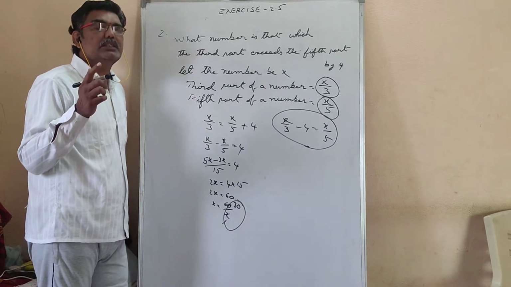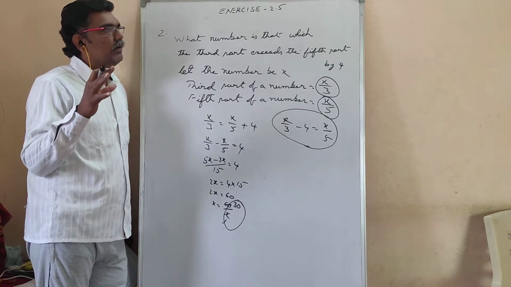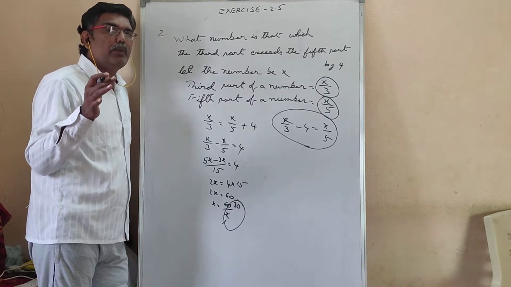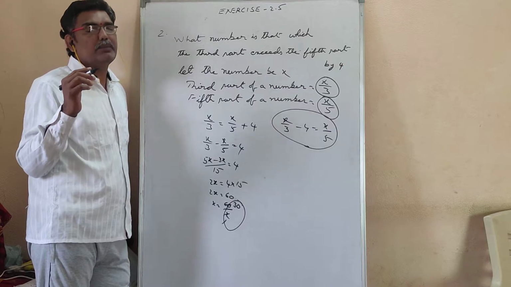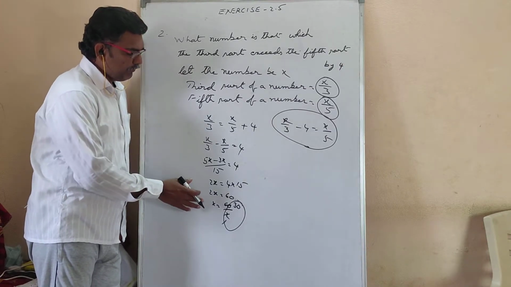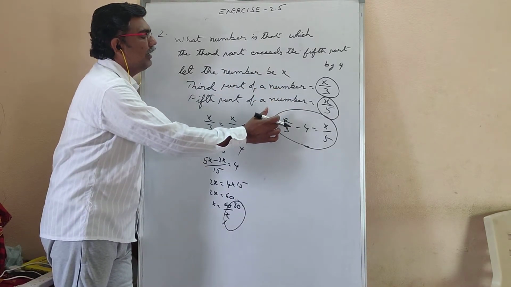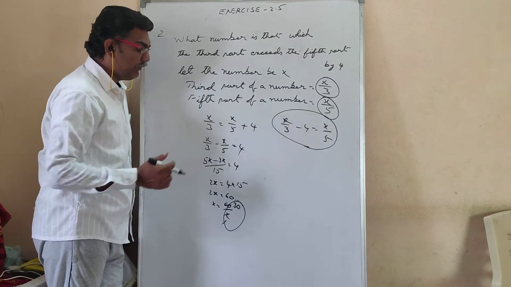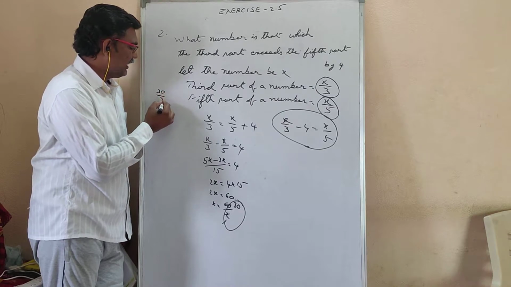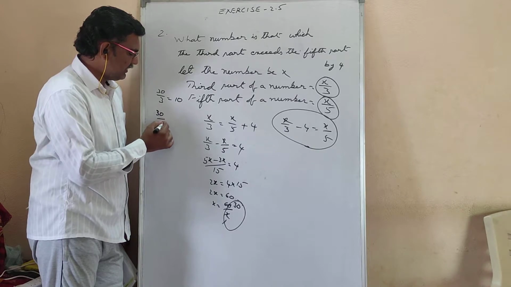You can check. See, in mathematics only you can decide whether the problem is correct or not during the writing of the examination. In the remaining subjects you can't check it. Okay. Now, how you can check is, here third part exceeds fifth part by 4, and the number is 30. 30 by 3 is the third part. 30 by 5 is the fifth part.